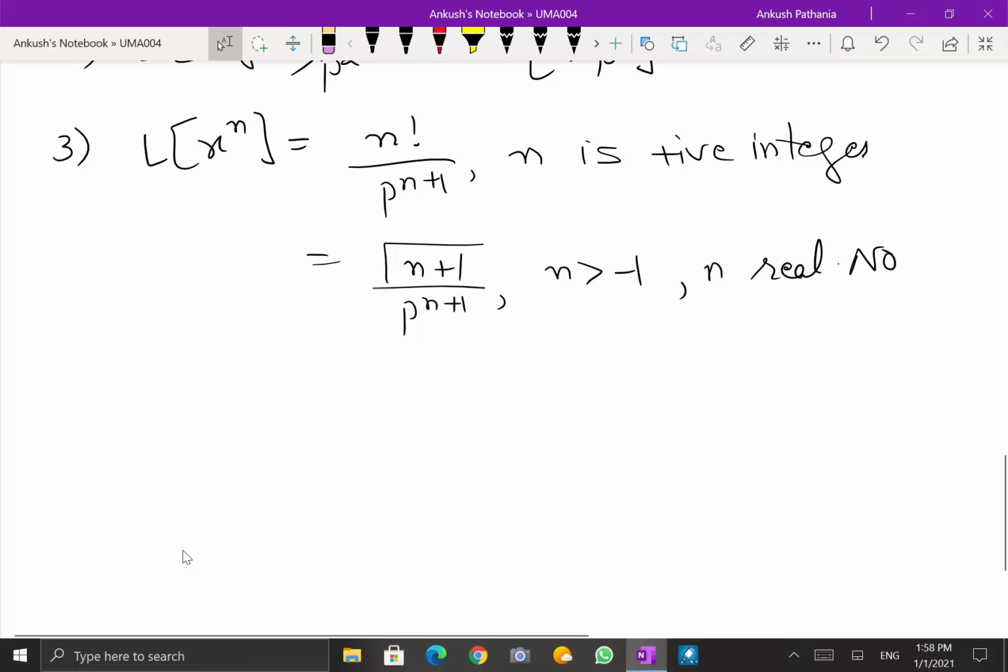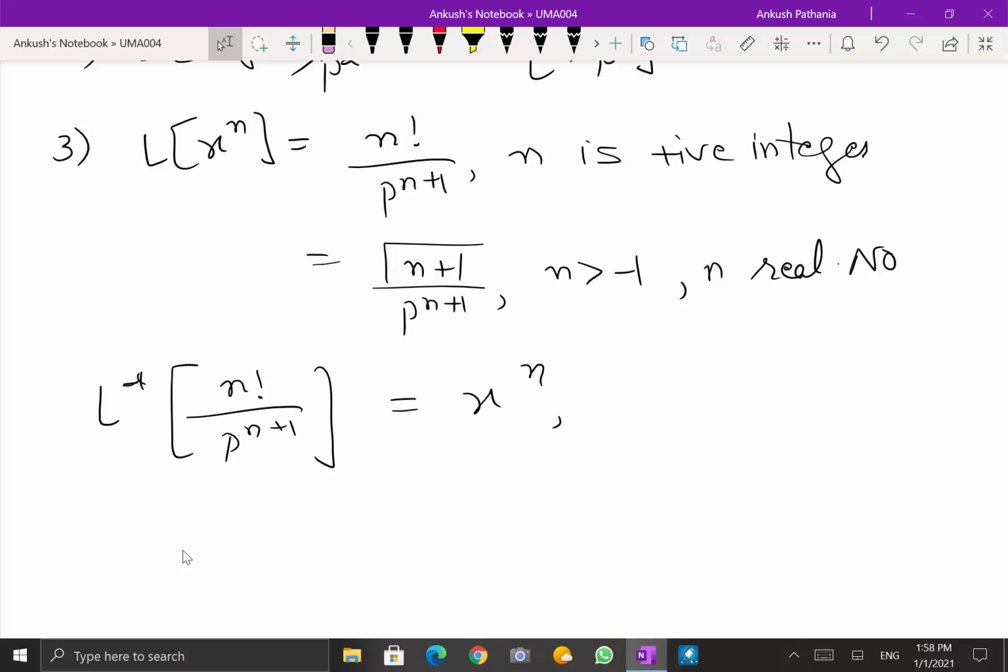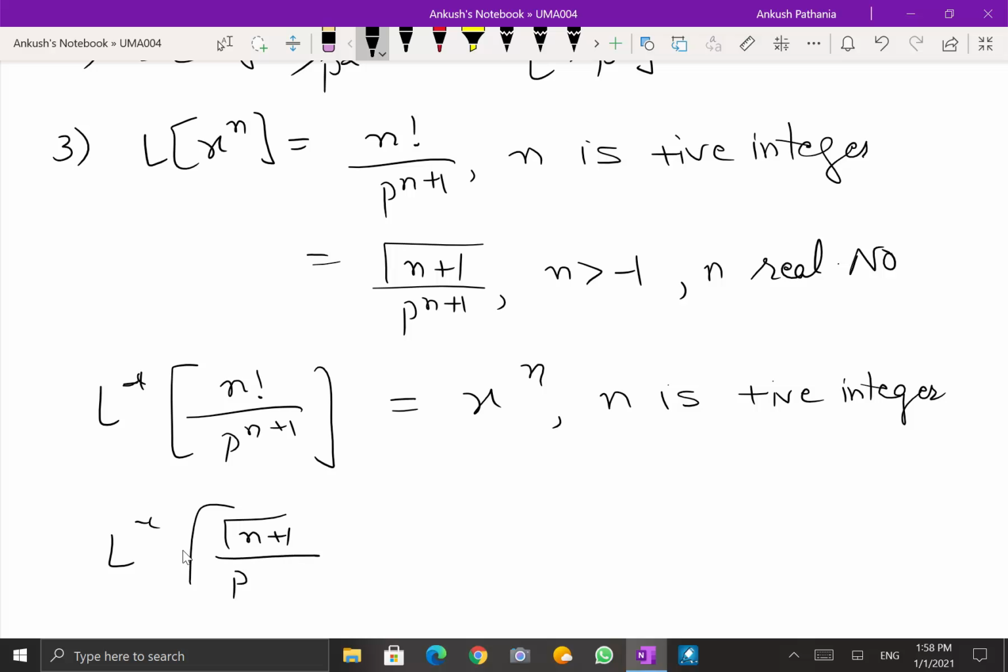So using this, you can write Laplace inverse of n factorial upon p raised to power n plus 1 is equal to x raised to power n, where n is a positive integer, and Laplace inverse of gamma n plus 1 upon p raised to power n plus 1 is again equal to x raised to power n, however n is greater than minus 1 and n a real number.